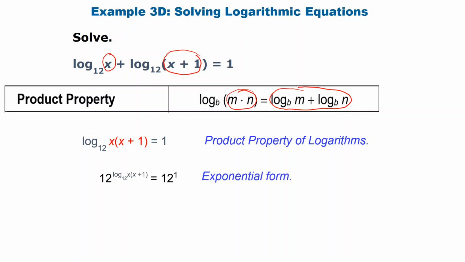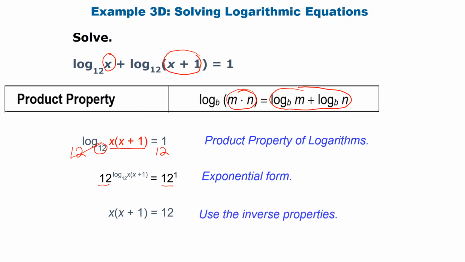So going ahead and remembering the exponential form, I can notice that my log base is 12 here. So if I make a base 12 of both of these, I still have everything is equal. But now when I use my inverse property, this all goes away, and I just end up with x times x plus 1 equals 12 to the first power.